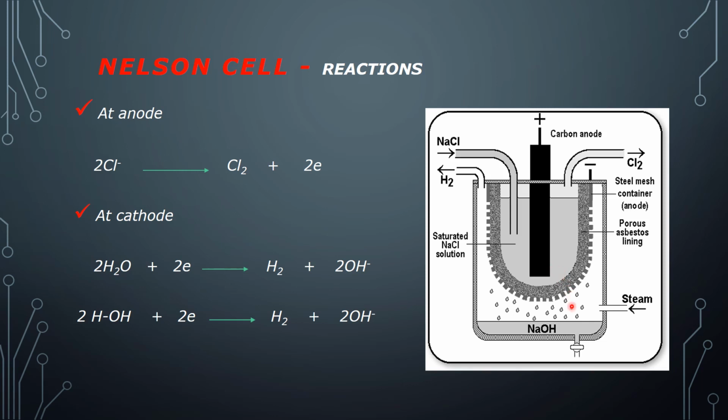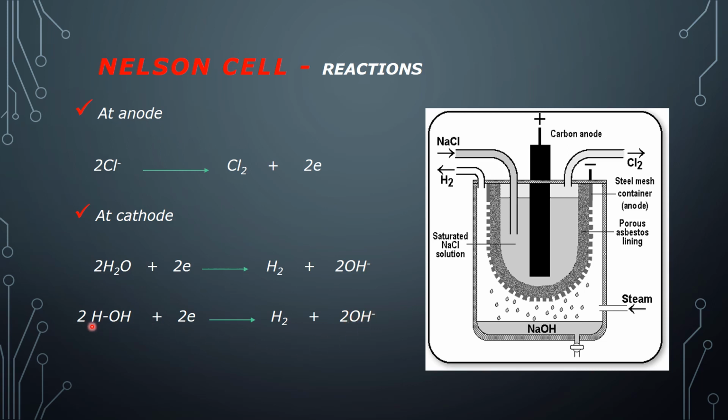Rather, they drip down into a container where sodium hydroxide is produced. Have a look. Water means H and OH. I have split the formula. Here, the hydrogen gives its electron to hydroxyl ions. So, hydroxyl ions carry a negative charge.